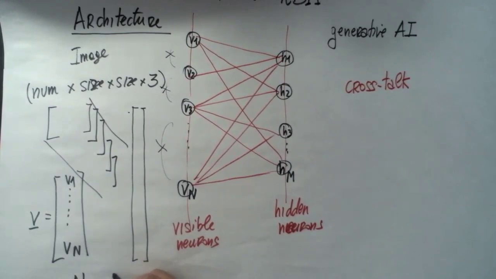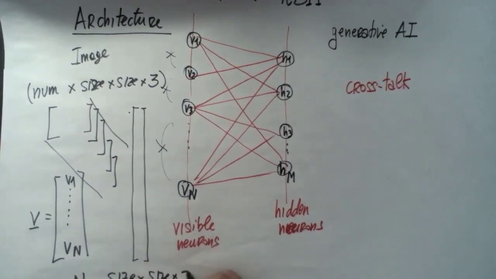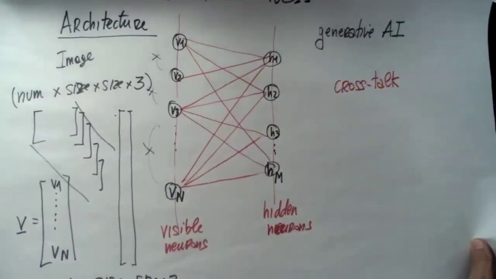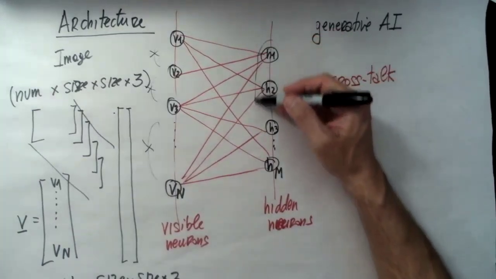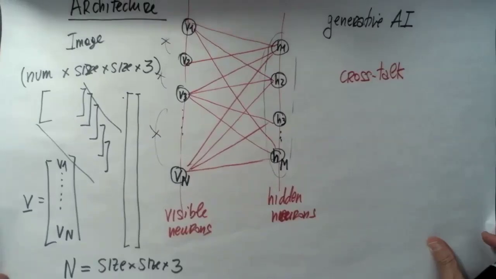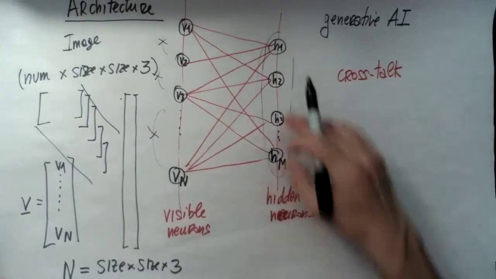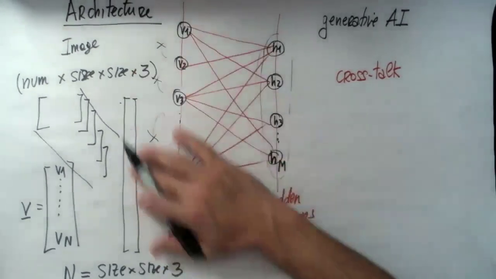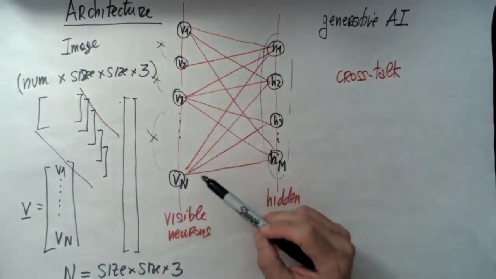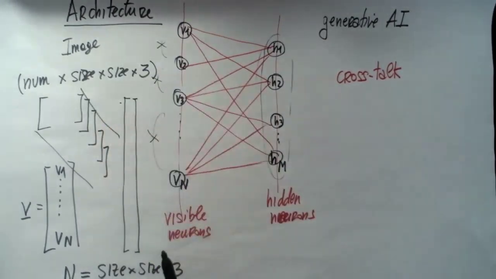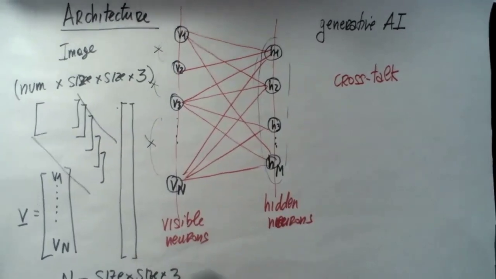N is going to be basically the size of the image times size times 3. And the role of the hidden layer is to learn hidden features of the data set that are seen through the visible layer.